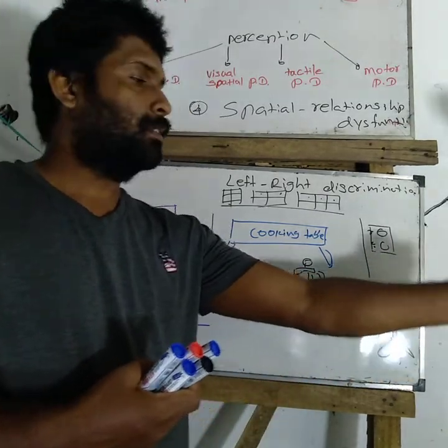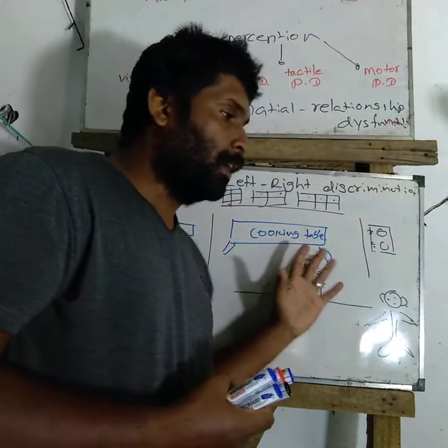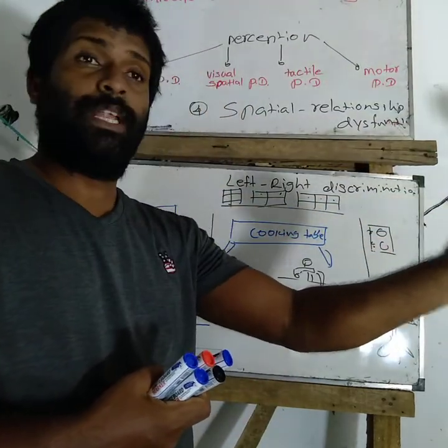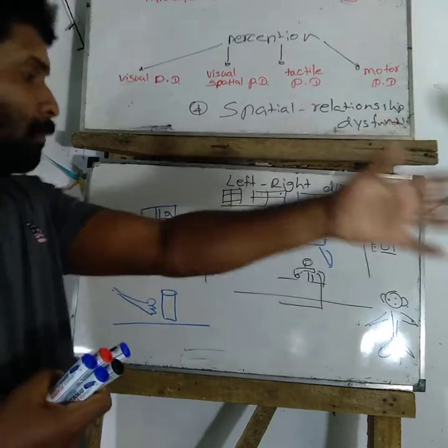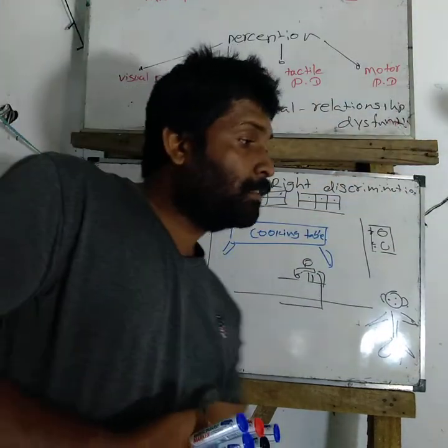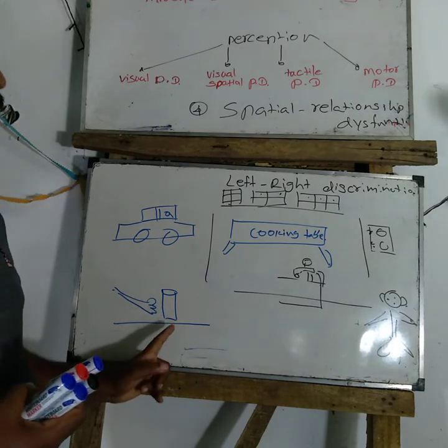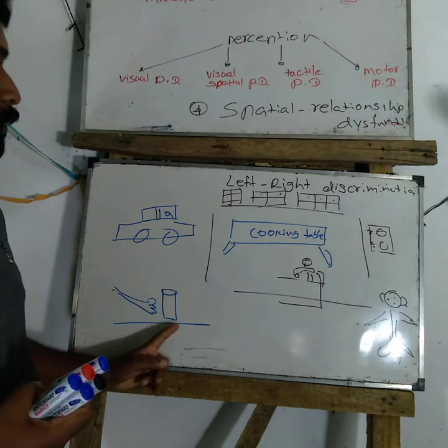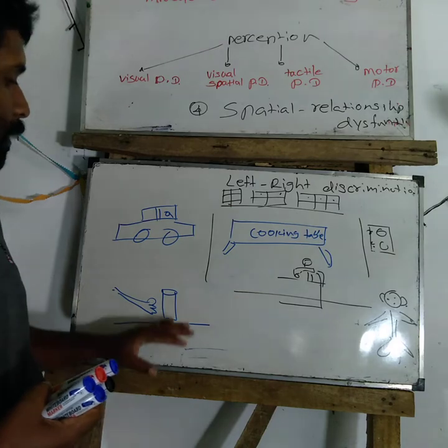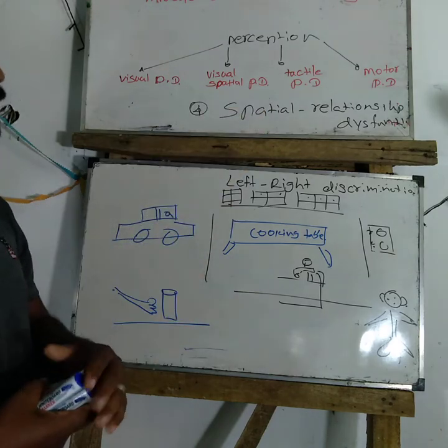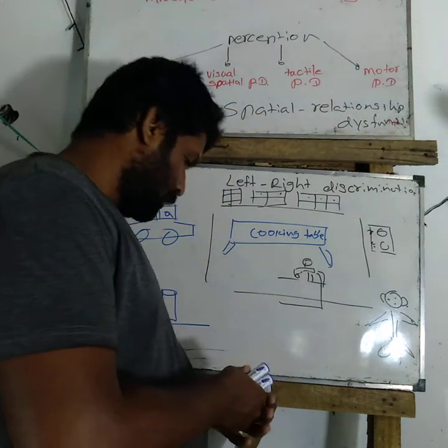Underreach can happen, overreach can happen, and suddenly he knocks the glass. Sometimes he goes under the table also, another reaching problem. This is also happening with this spatial relationship dysfunction problem, right?